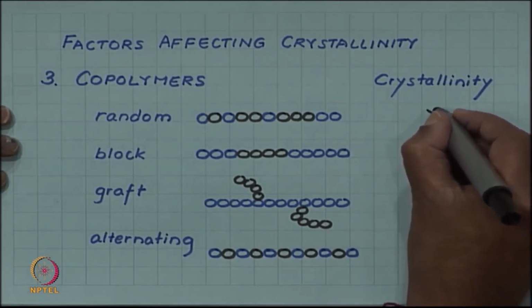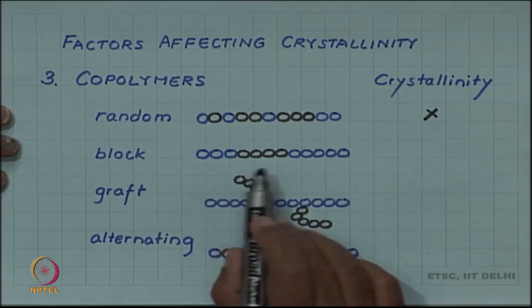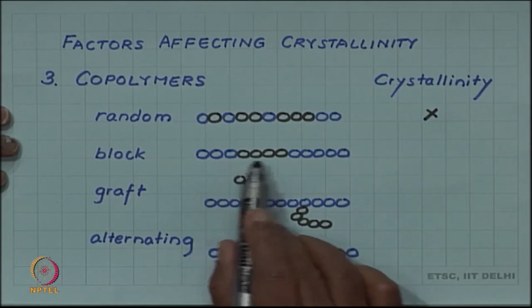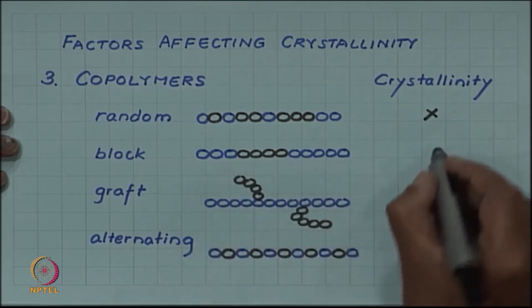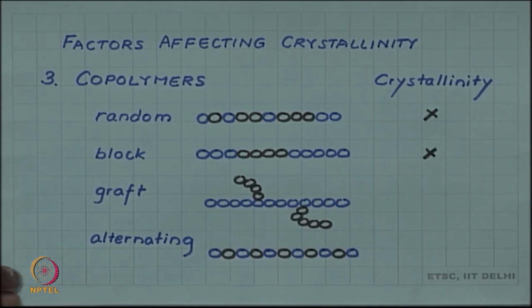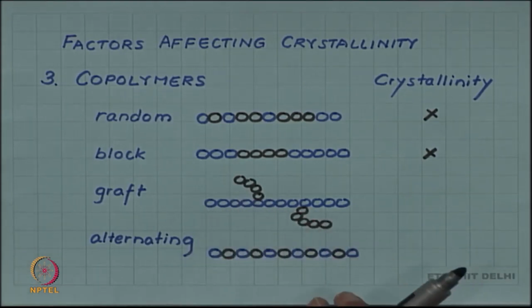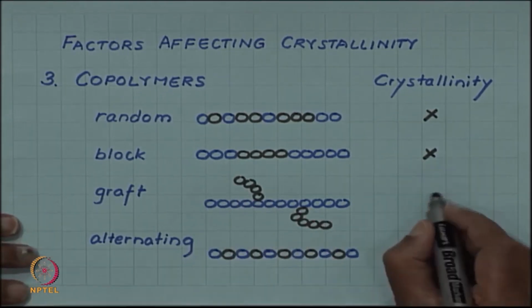The block copolymer also has blocks of monomers coming in a random sequence, so this is also unlikely to form a crystalline polymer. A graft polymer is like a branched polymer, and these branches will come in the way of packing like a crystalline structure.